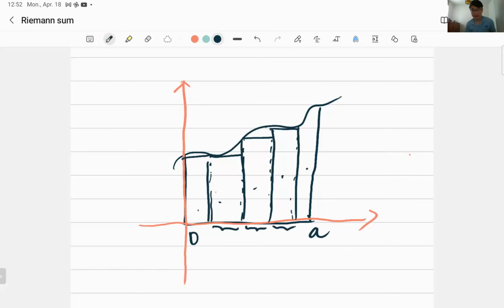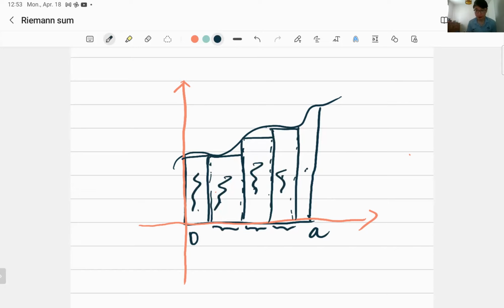I can tell the height of each one, and if you don't know how, I'll tell you later how to find the height. We know the height and the width, so we can find the area of each rectangle, and for these 5 rectangles I can estimate the area under the curve, meaning the whole area of this curvy shape.